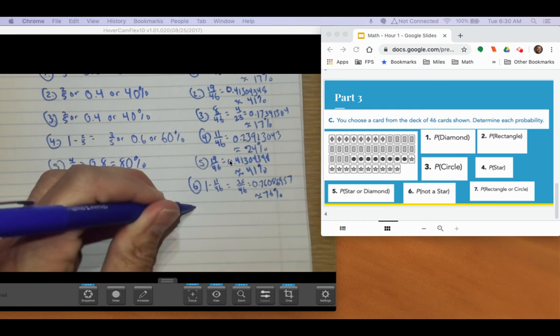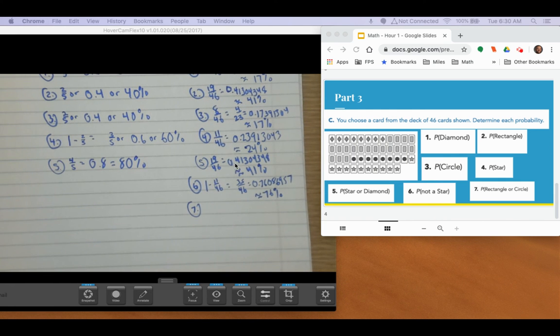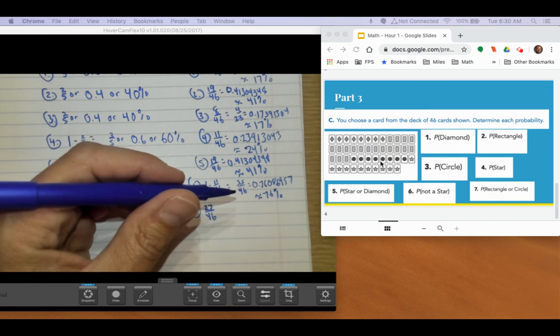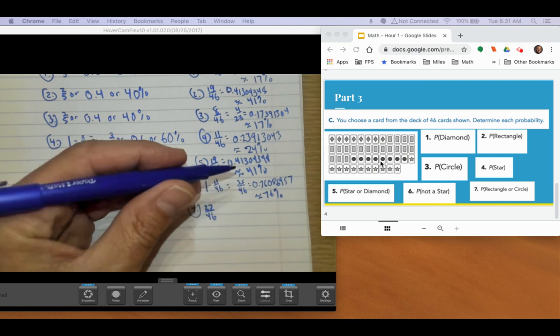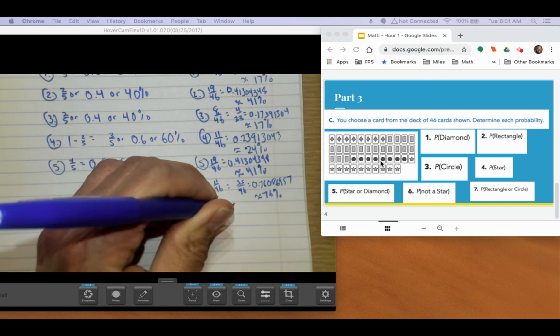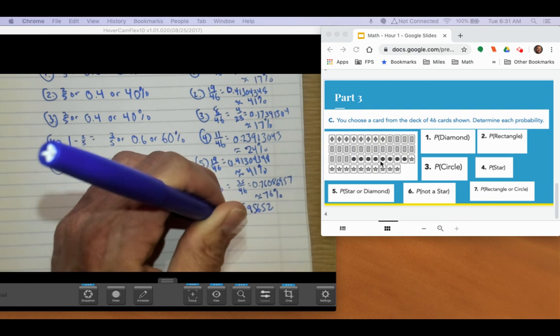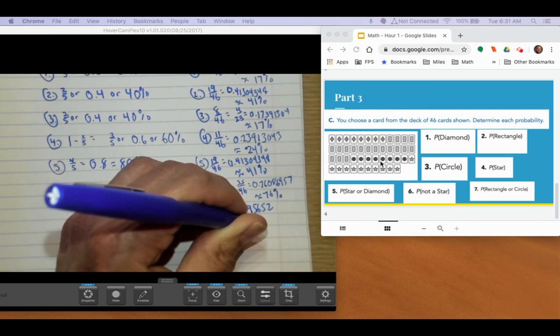Pause it, do number 7, then play that. Circle was 8. A rectangle was 19. So that would be 27 out of 46. And then 27 divided by 46 gives me my decimal, which is about 59%. Okay.